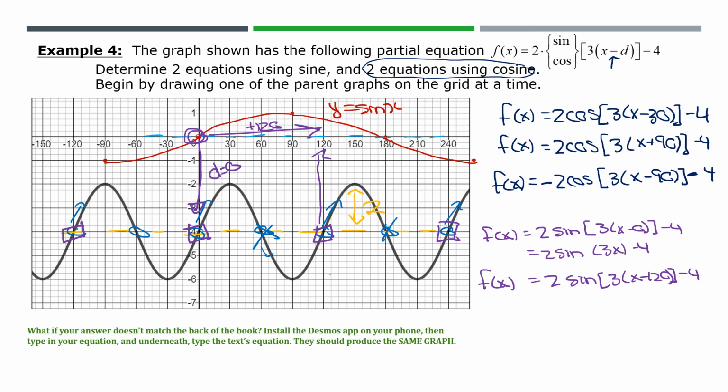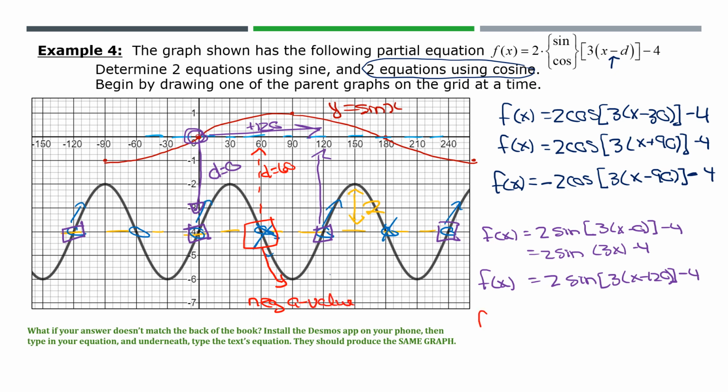What happens if I did pick this one right here? This one would have a D value of 60, but the graph is going down. It's not going up. So I would need a negative A value to reflect that.